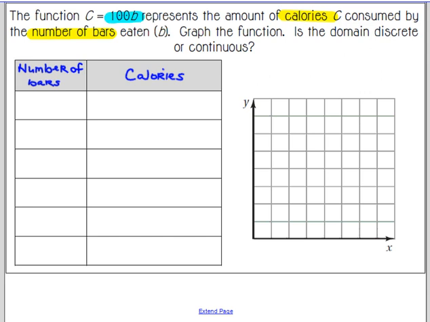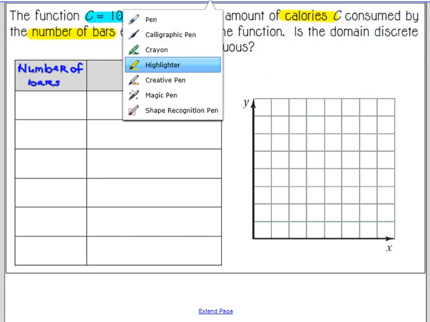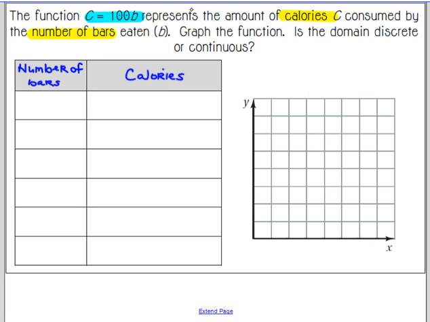And since it gives us the formula up here as well, we'll just use that to gather some data. So we'll plug that into c equals 100b. So let's say that we don't have any of the bars. We'll go if we have 1 bar, if we have 2 bars, if we eat 3 bars, 4, and 5. And so we'll plug this information into the formula.